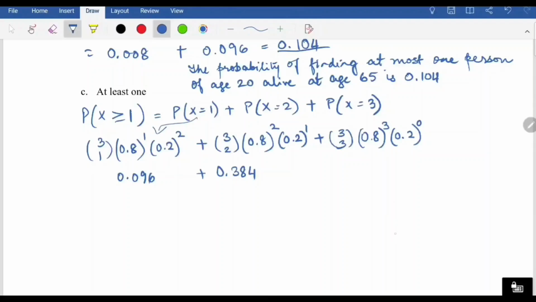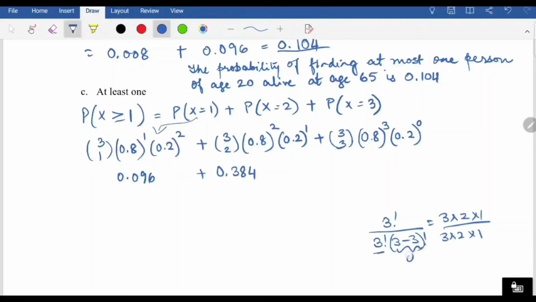Again, the binomial coefficient formula is 3 factorial divided by 3 factorial times 3 minus 3 factorial. So 3 factorial is 3 times 2 times 1. This 3 factorial in the denominator would also be 3 times 2 times 1.